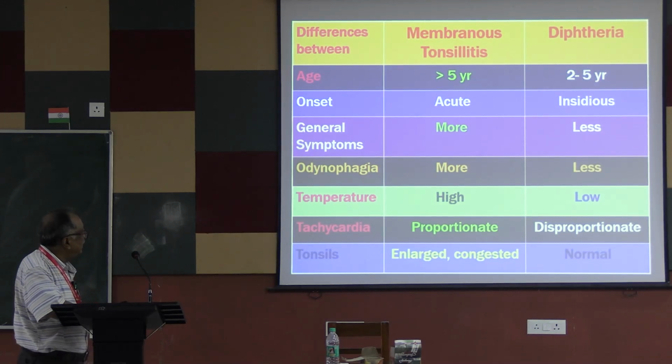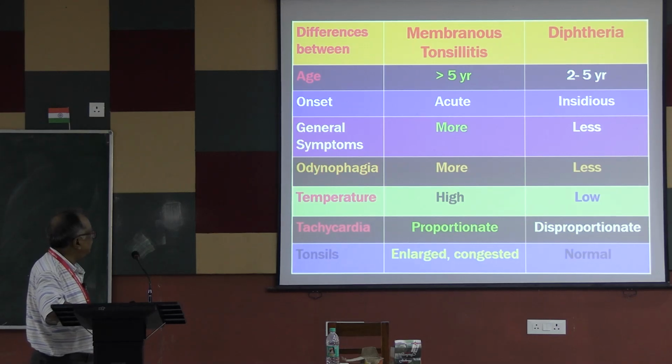Difference between membranous tonsillitis and diphtheria: diphtheria is in 2 to 5 years, with insidious onset, while membranous tonsillitis is acute. General symptoms are more in membranous tonsillitis and less in diphtheria.